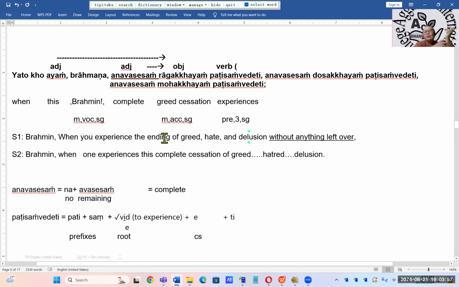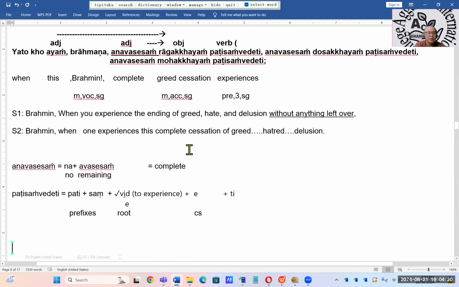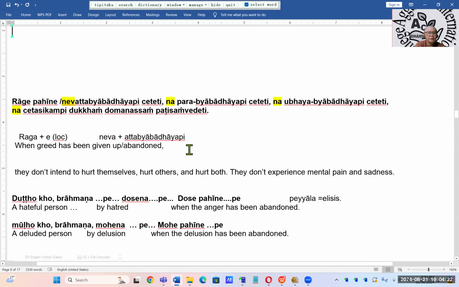Before that, the Buddha was talking about somebody whose mind was overwhelmed and overtaken by great hatred and delusion. If he can abandon them at this point, then he will experience the ending of great hatred and delusion. Okay. And what is the next paragraph?